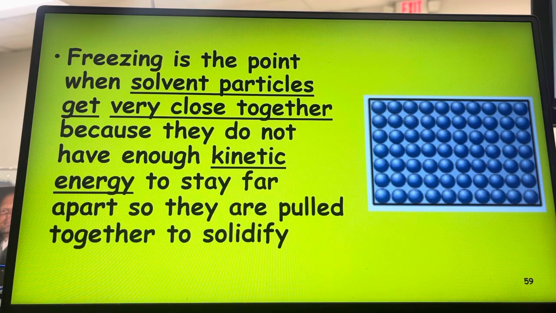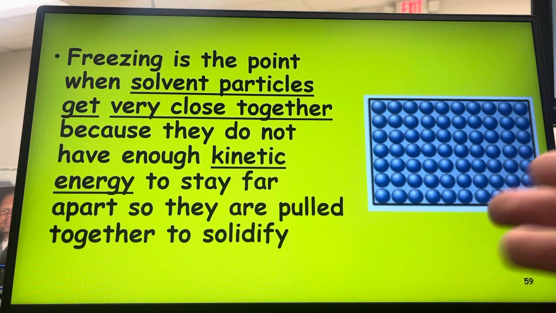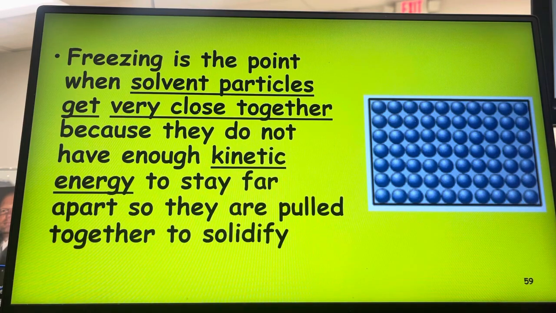The steel in the leg of your chair, or the leg of your desk right now. If you're sitting at a table that has metal legs, most likely it's made of steel or aluminum, and steel would be a mixture, a solution of metals, that are frozen, just like this. But mostly we're talking about liquids here at this point.